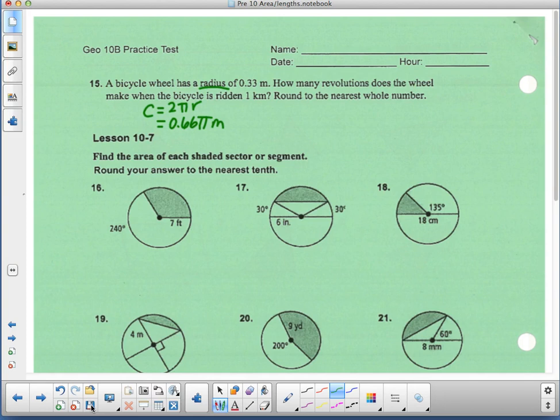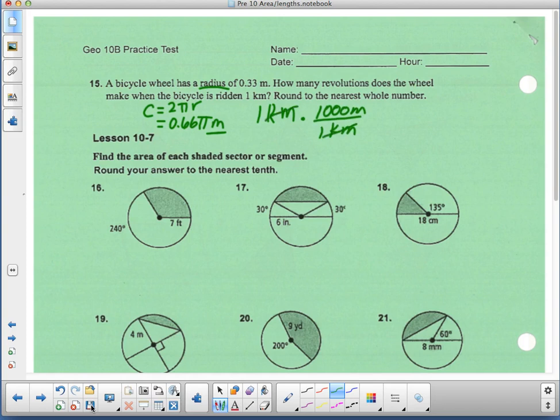Okay, so I've got 1 kilometer, and a kilometer has to be switched over from kilometers to meters. How many revolutions? Well, I've got to go to revolutions, but we've got meters here. So I'm going to make kilometers meters. So I know that there's 1,000 meters in 1 kilometer.